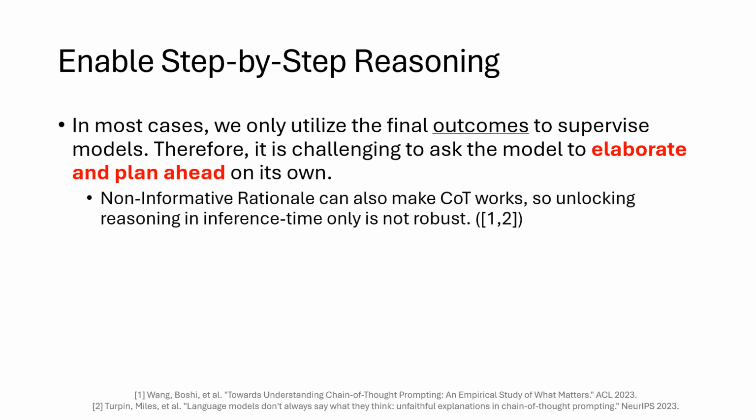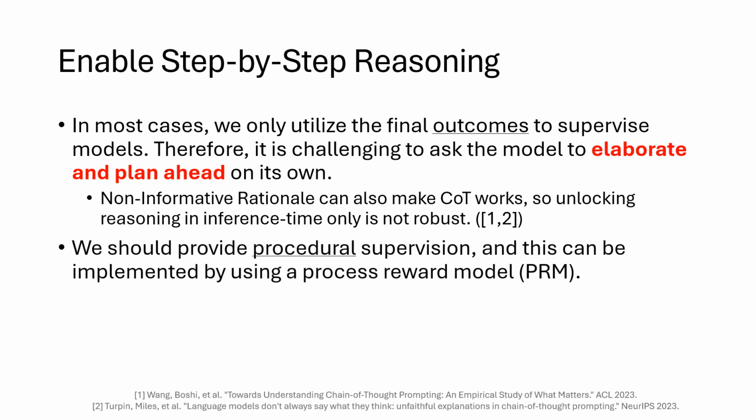There are also some works demonstrating that even non-informative rationale can make chain of thought work, in the sense that even some random sentences, if we just pretend they are a chain of thought, can also improve the model performance on some reasoning tasks. So unlocking reasoning at inference time only is not robust.